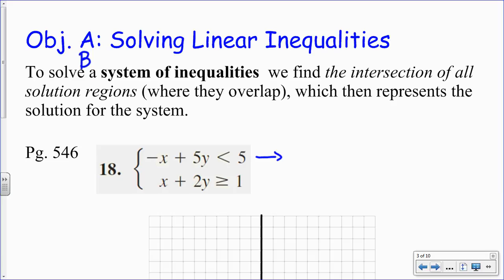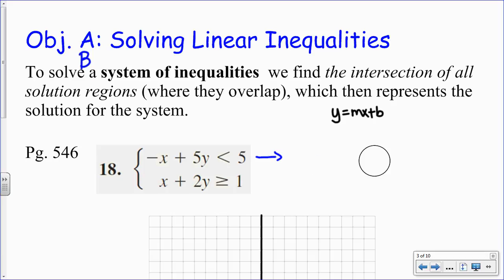Okay, so when I graph the lines, I want to put it in slope-intercept form. So I want y by itself. I will add x first. So 5y is less than x plus 5.